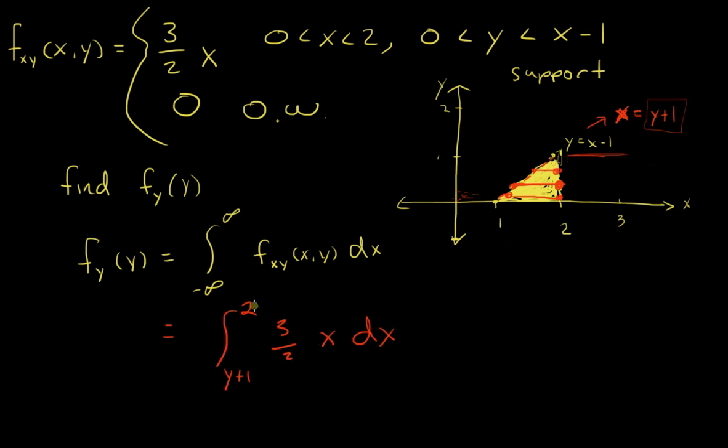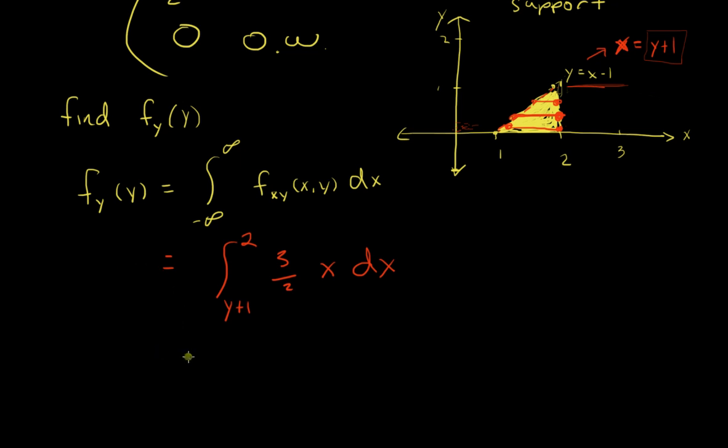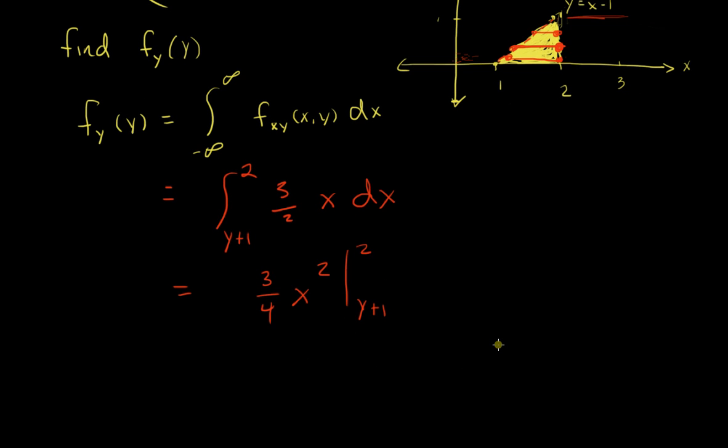From here, this is going to be pretty straightforward calculus. Let's go ahead and do it together. The hardest part is thinking through the support. So let's finish this problem. I'll make this 3/4 x squared from y plus 1 to 2. Then I'll plug in my bounds.